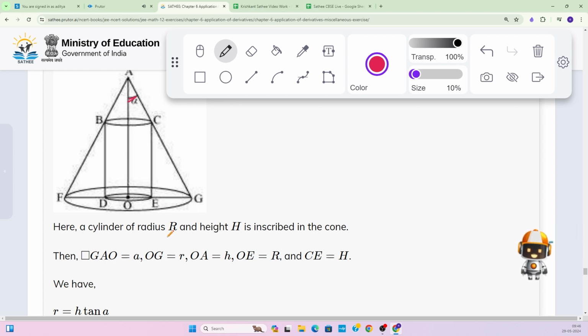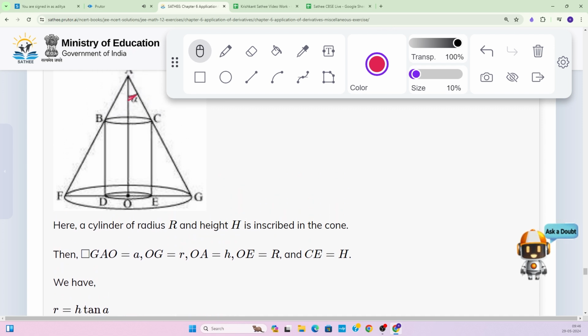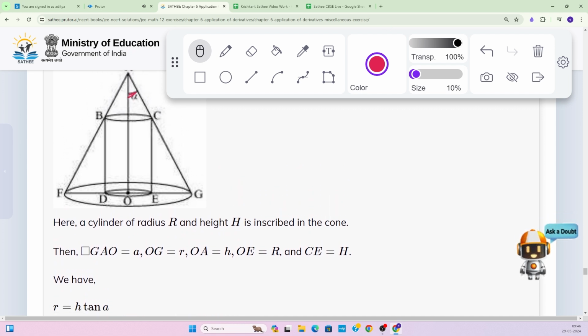OG is small r, OA is your small h, and OE is your capital R, and CE is the height of the cylinder, which is capital H. Clear? We have R equal to h tan alpha. We just use the ratio thing. Tan alpha will be what?